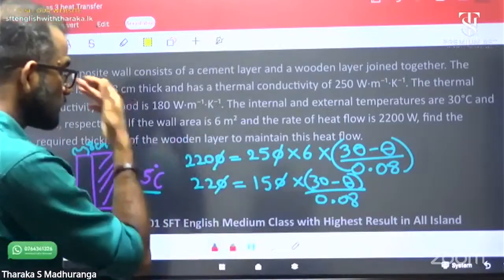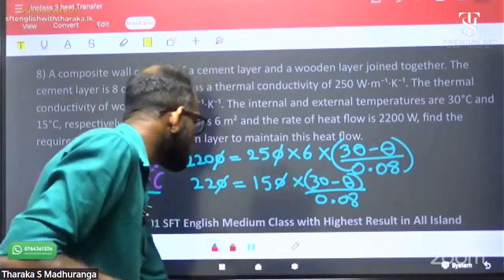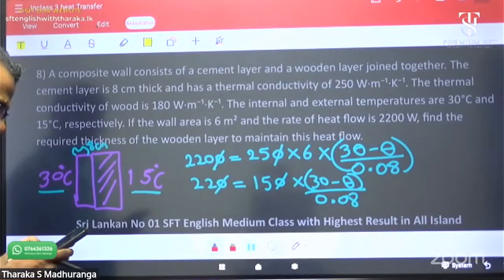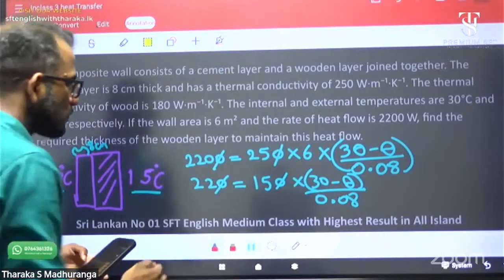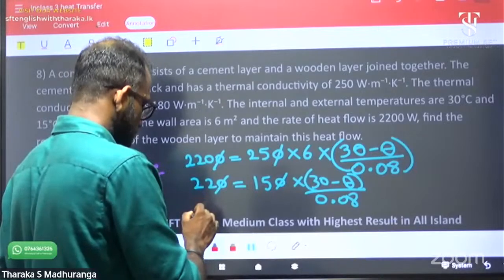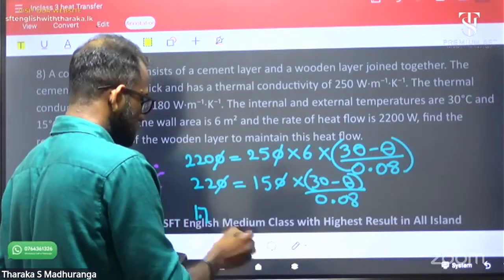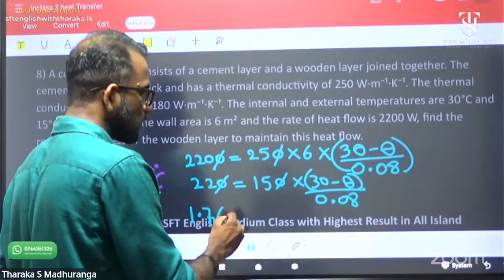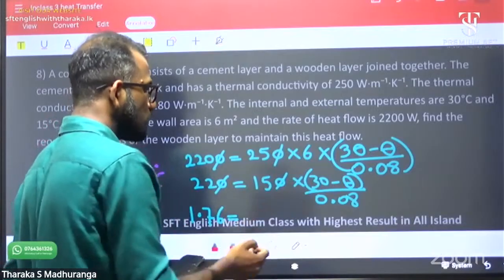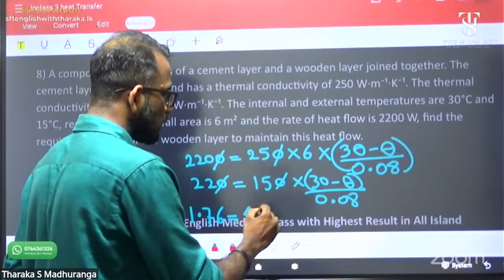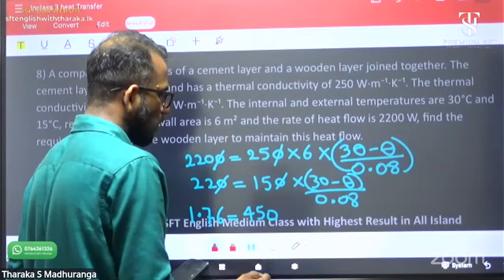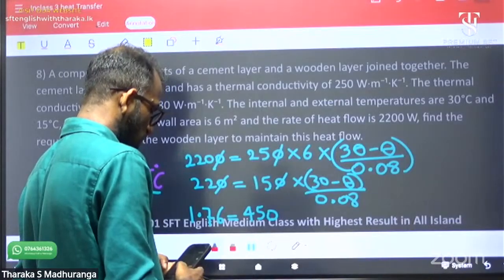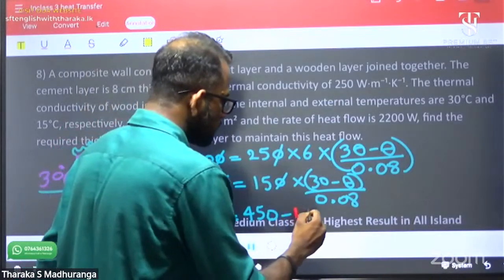Now cross multiplication, 0.08 into 22, 1.76, equals 15 into 30, 450, minus 15 theta.